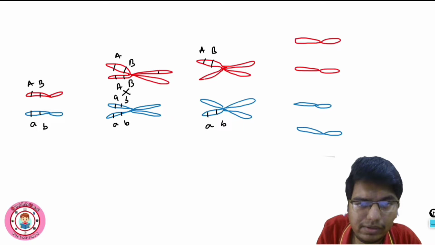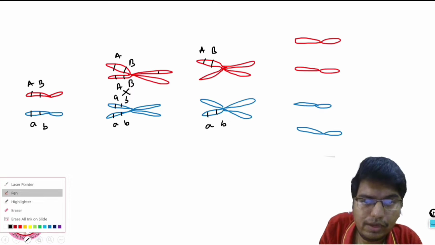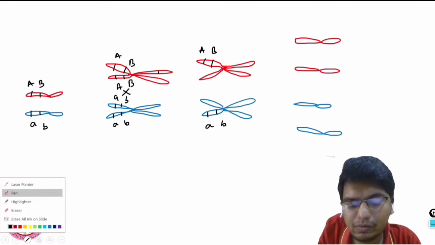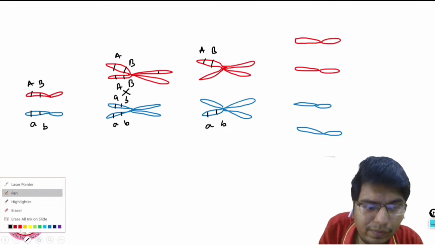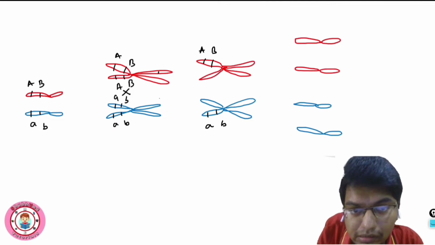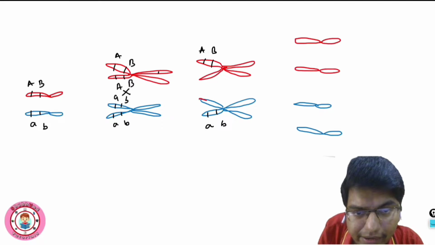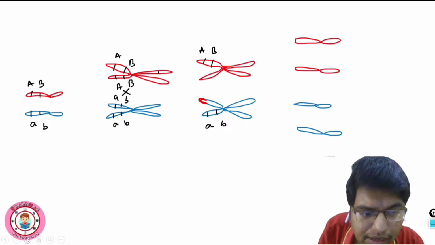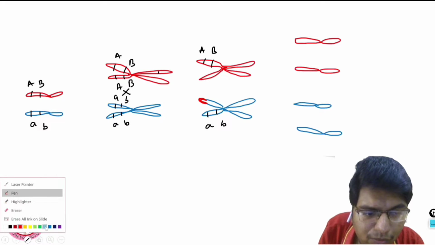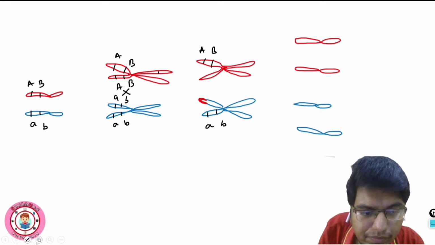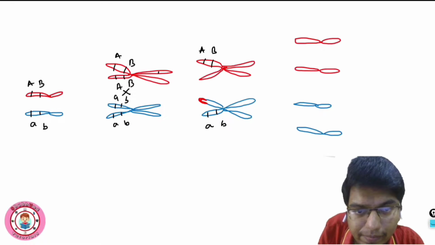Between these two chromosomes there occurs the exchange. So basically, what will happen? See, this will take some part of red, and the other one will take some part of blue. So this is known as crossing over.